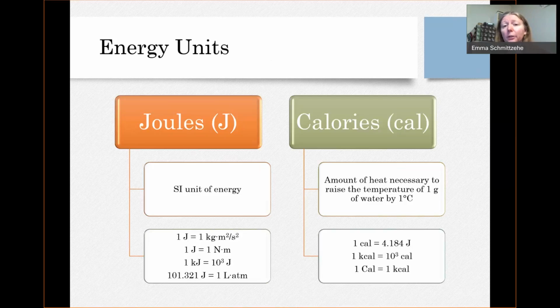A true calorie in chemistry is all lowercase for that abbreviation. But when you see calories abbreviated with a capital C, that is talking about kilocalories. So a capital C really is a different way to write kilocalories.